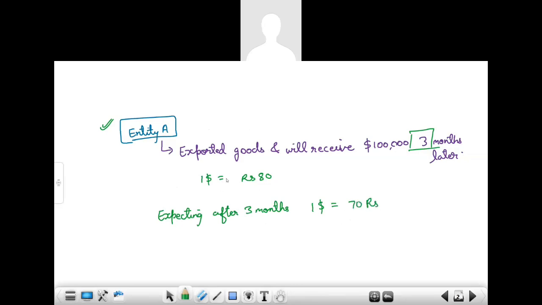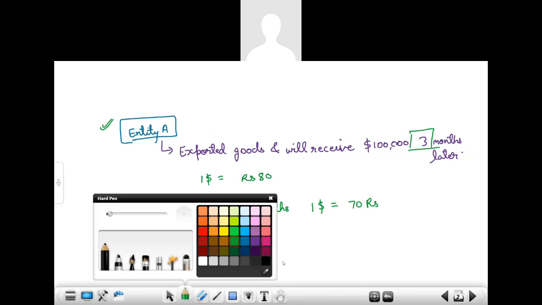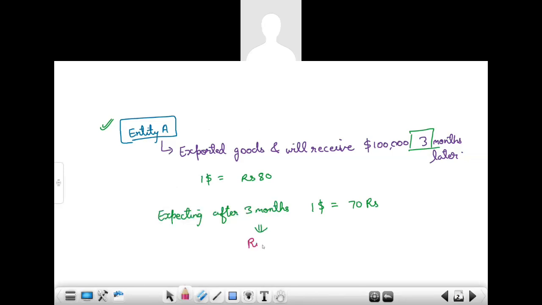Definitely, it is foreign currency, and there will be a loss, because instead of receiving 80 lakhs, the entity A will receive 70 lakhs. Do you agree?